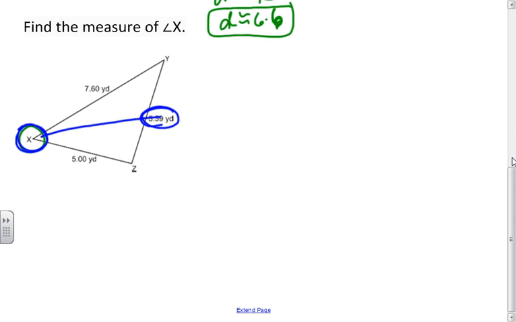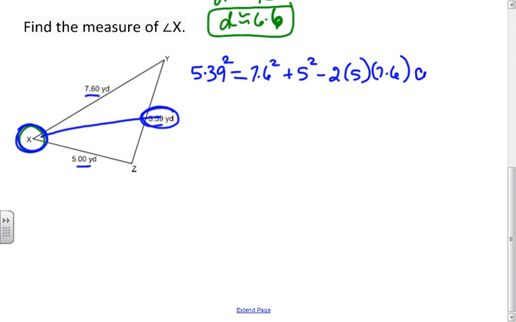So I'm going to start with 5.39 squared is equal to the other 2 sides, 7.6 squared plus 5 squared minus 2 times 5 times 7.6 times the cosine of x. This is my only unknown, so I have to get everything away from it. Again, be very, very careful with your order of operations.